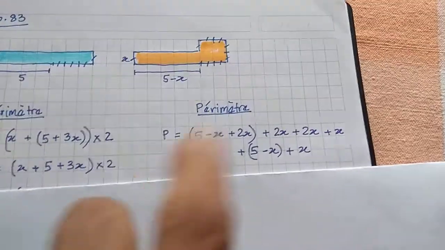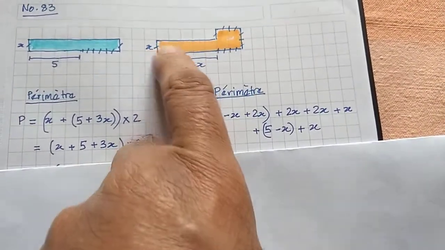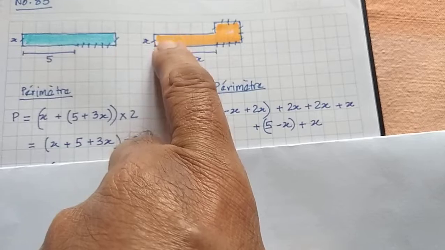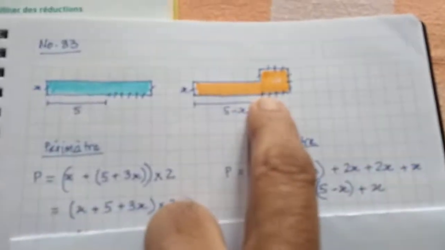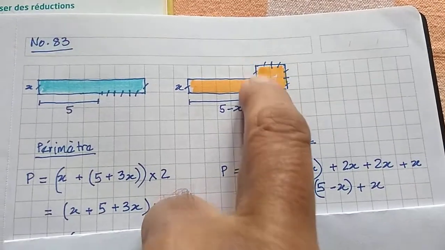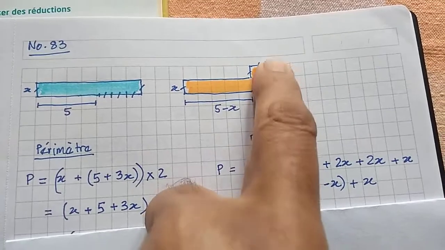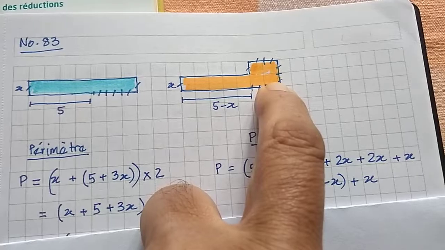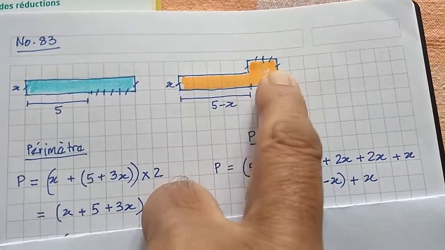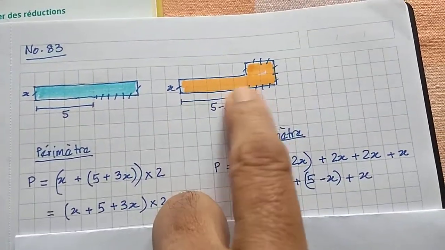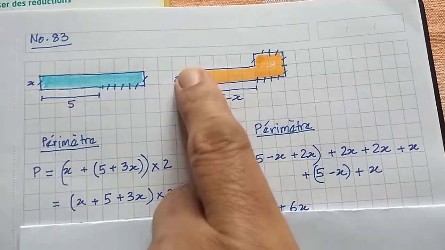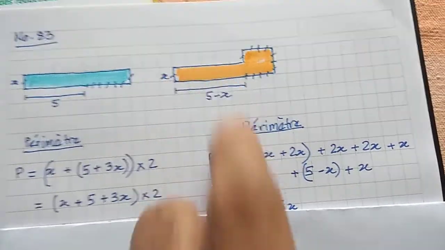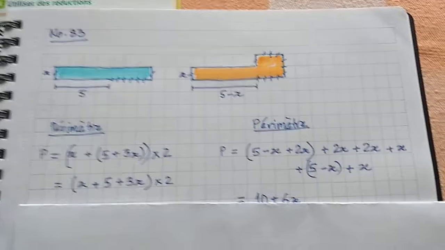Now this side, the area of this figure, you have to take in two parts. This is a square, 2x by 2x, 2x multiplied by 2x. This is the square, and this rectangle is 5 minus x into x, that is this area, longer or larger.